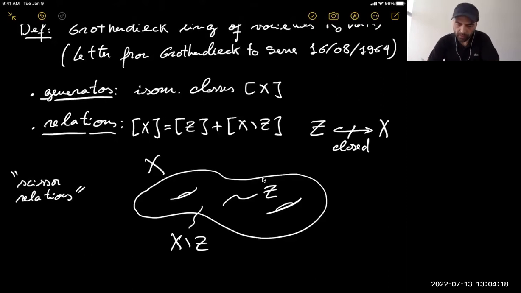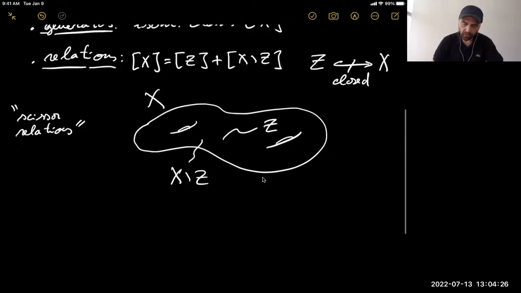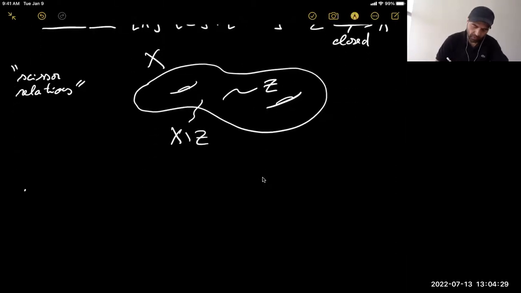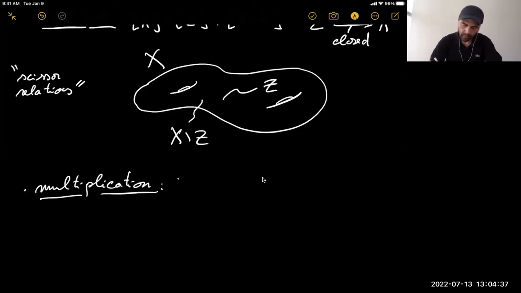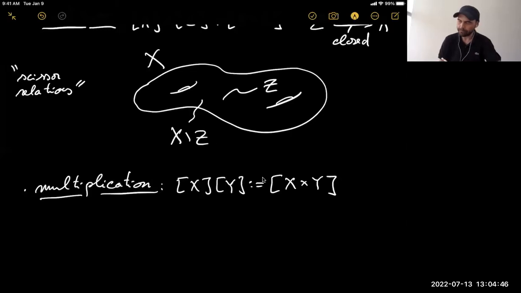So it only matters the pieces that you are using, not the way you are gluing the pieces in this Grothendieck ring. And it's a ring, it's not just a group. The multiplication is as you expect: the way you multiply two classes is by taking the product over k. So this gives you a ring.